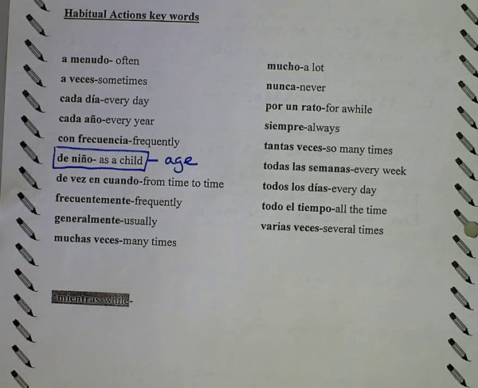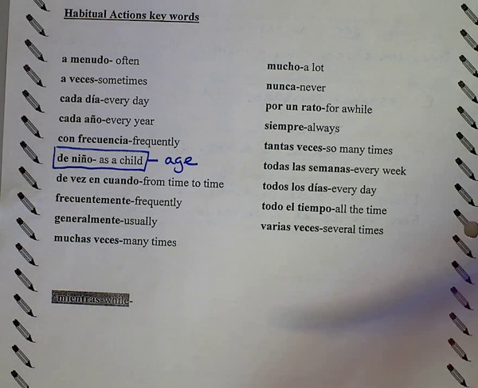If we talk about something happening often, sometimes, every day, every year, frequently, from time to time, all of those guarantee that what you're supposed to be using is the imperfect tense. So if you see this word, todos los días, you know that verb has to be in the imperfect. It's a guarantee.